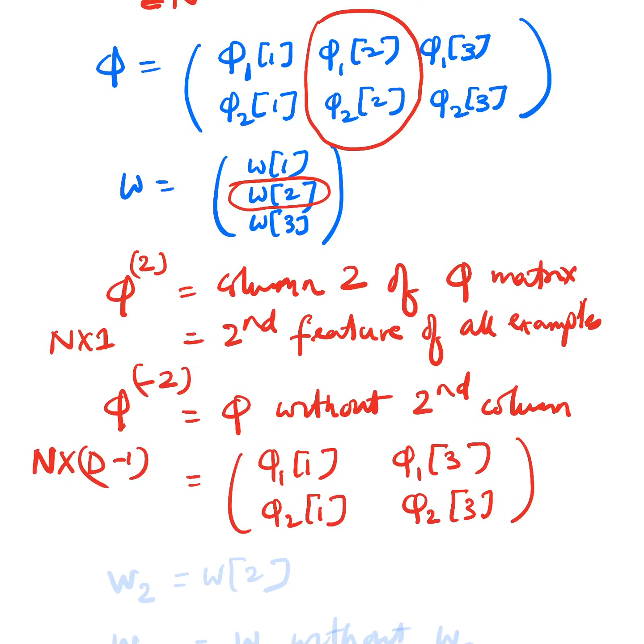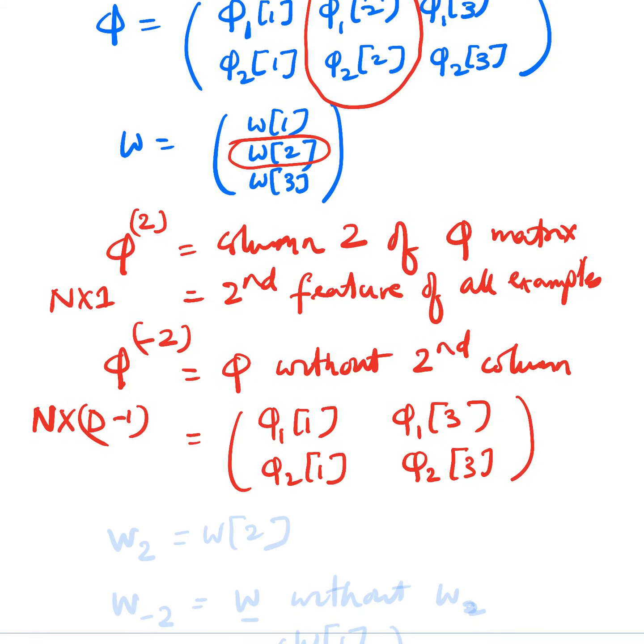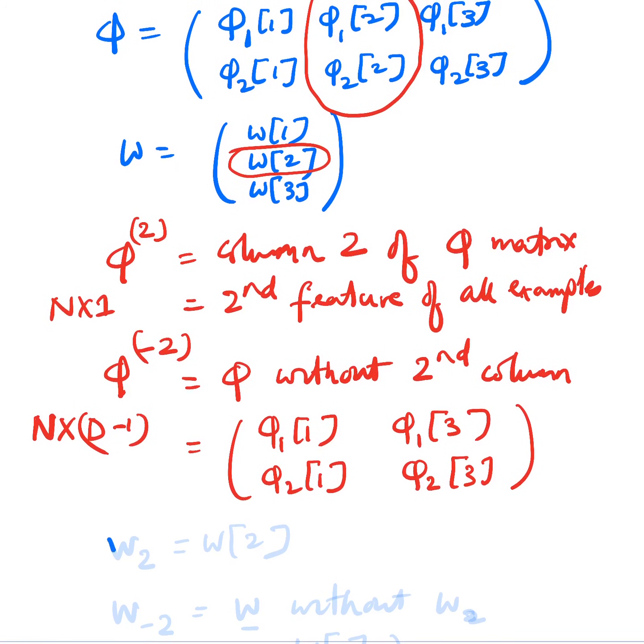By the way, remember that we always use subscripts to denote the examples typically, and that's for the phi matrix, right? That's why we reserve the subscript for the examples of phi 1, phi 2, etc. For W, I don't need to be quite so careful, and I prefer subscript to superscript. So let me say that W of 2 is the same as W2.